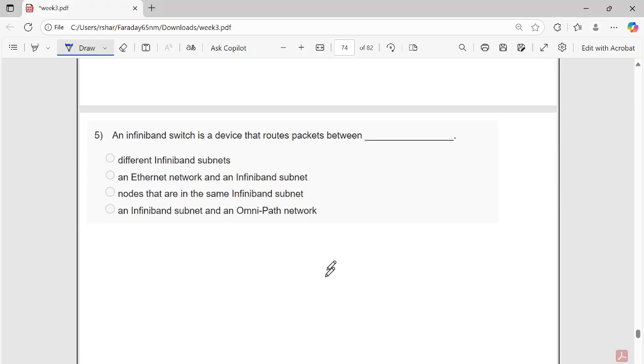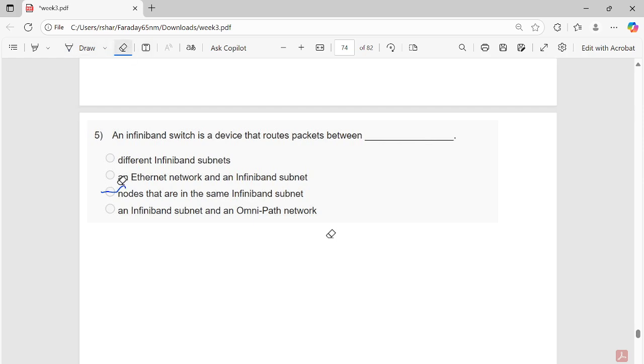The next question. An InfiniBand switch is a device that routes packets between nodes that are in the same InfiniBand subnet.